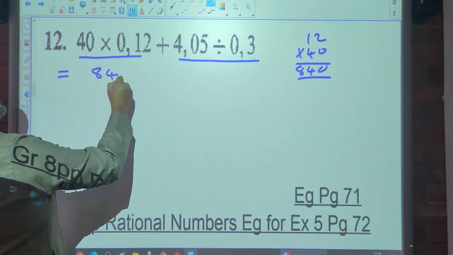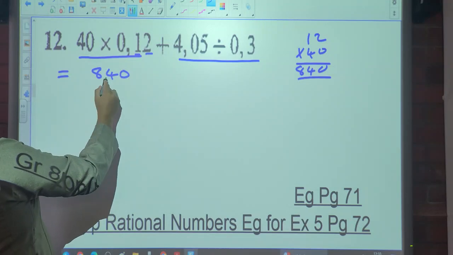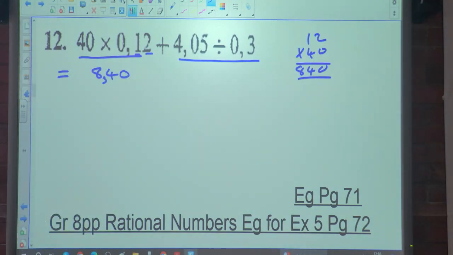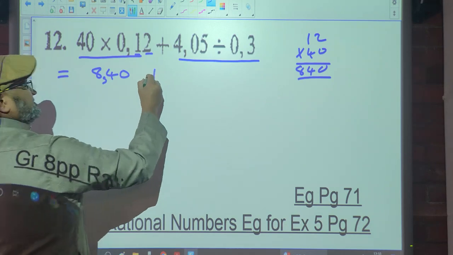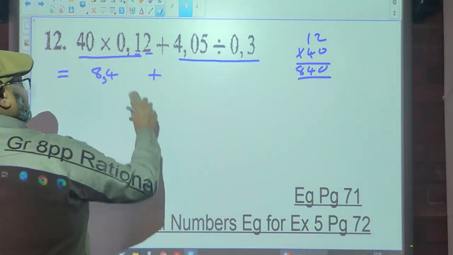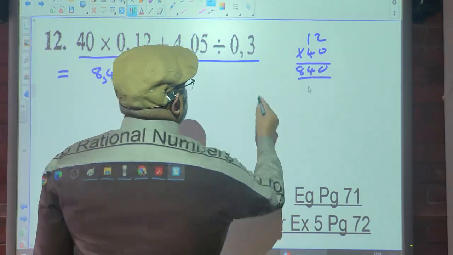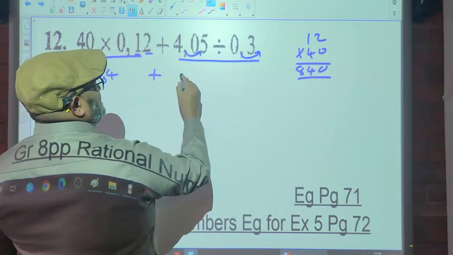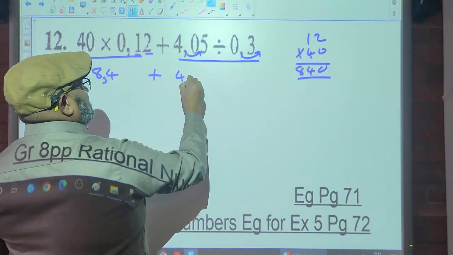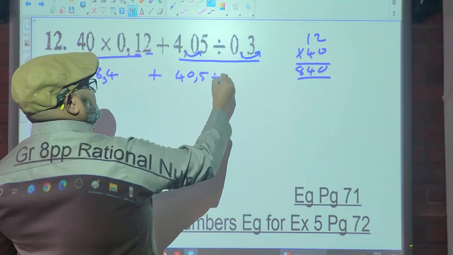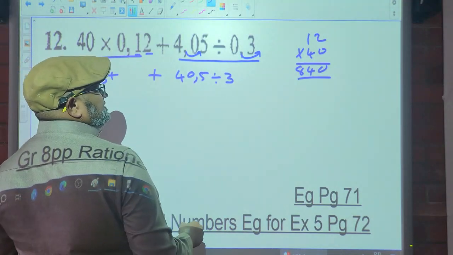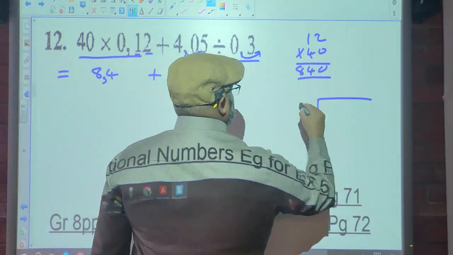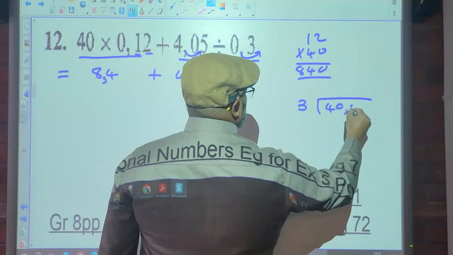So how many digits after the comma? 2. So it's 0,48 plus. To make this an integer, I move it over 1 unit, or multiply it by 10. So it's 40,5 divided by 3. So we say 40.5 divided by 3.